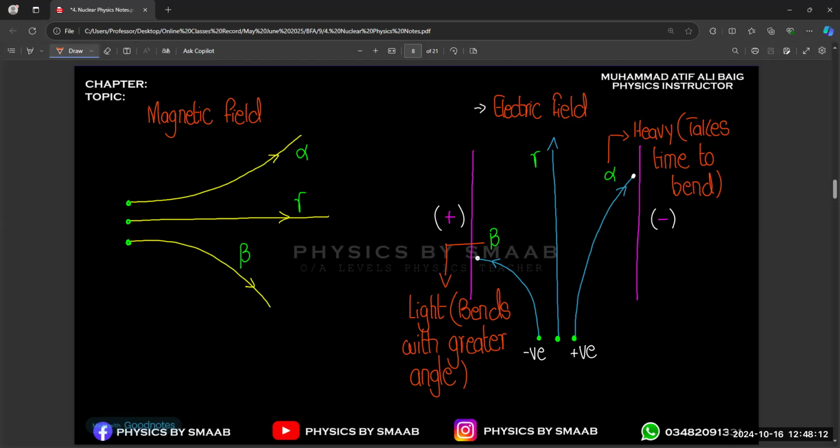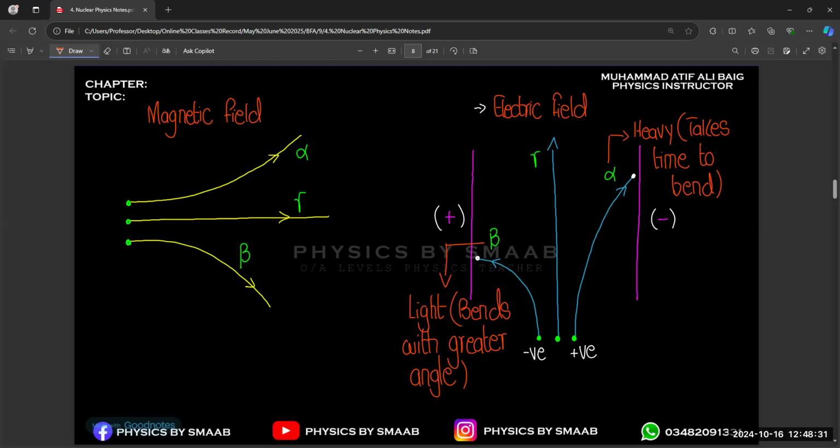No, sir. Sir, can you explain why one bends at a greater angle but the other takes time to bend? Okay. Let's suppose you consider the example of a heavy truck and compare it with a cycle.